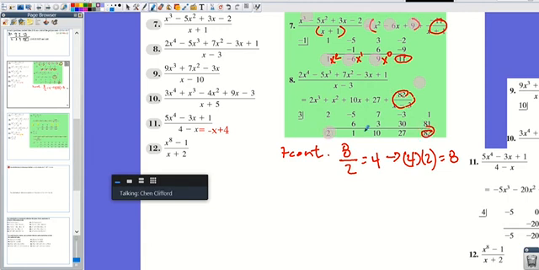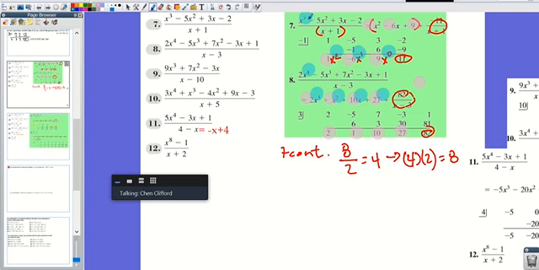Let's look right here: 2, 1, 10, 27, invisible 1, 10, 27. The largest exponent over here was 4 in this case, so I'm going to go 1 less: 3, 2, 1, 0. The largest exponent was 4, so you go 3, 2, 1, 0.